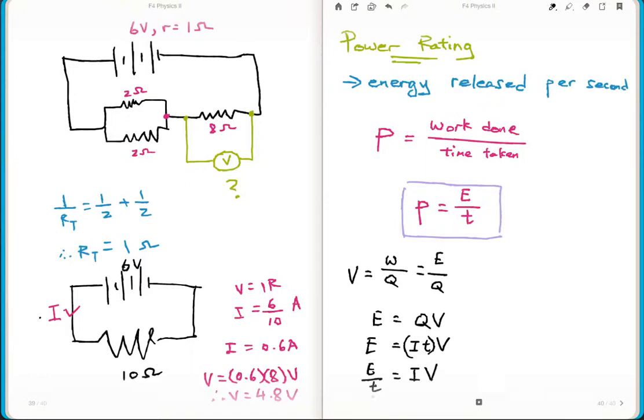Rate of change of energy, so therefore power is also equal to IV, current times voltage, where the unit for power is watt.